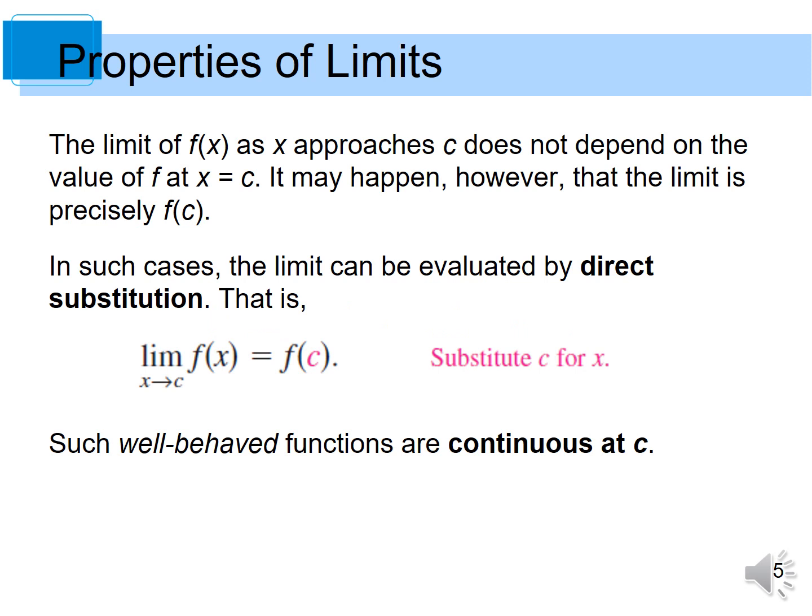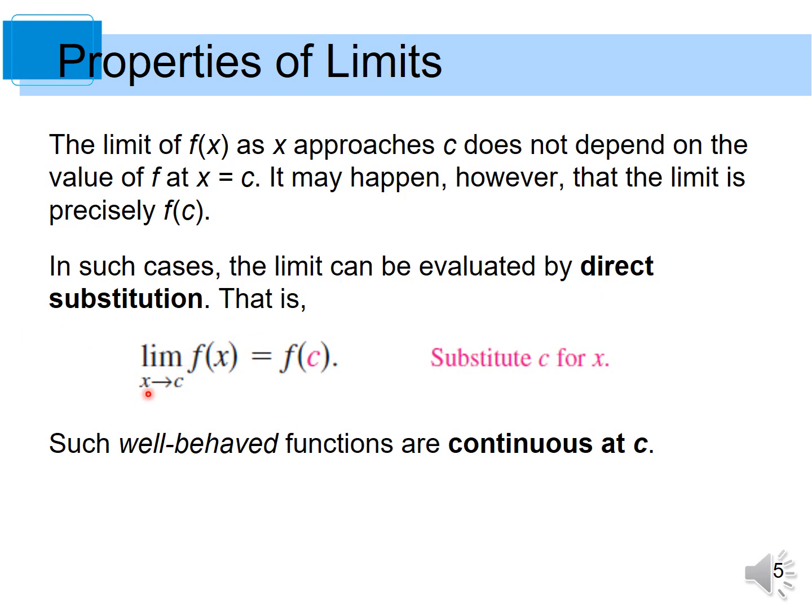The limit of f(x) as x approaches c does not depend on the value of f at x equal to c. It may happen, however, that the limit is precisely f(c). In such cases, the limit can be evaluated by direct substitution.